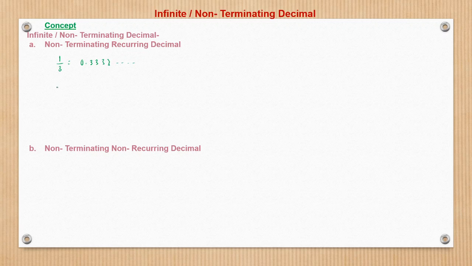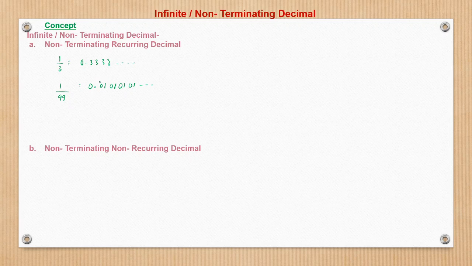Now suppose I take another example, say 1 upon 99. If I expand this, it will be 0.01010101 and so on. Here we see, first, it is non-terminating.